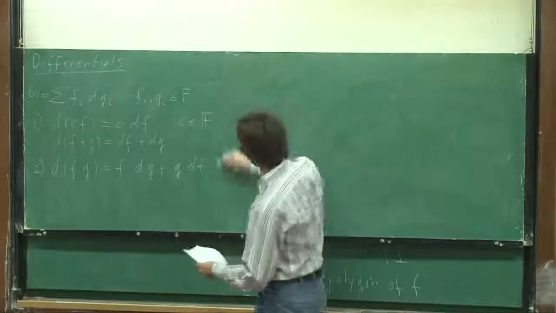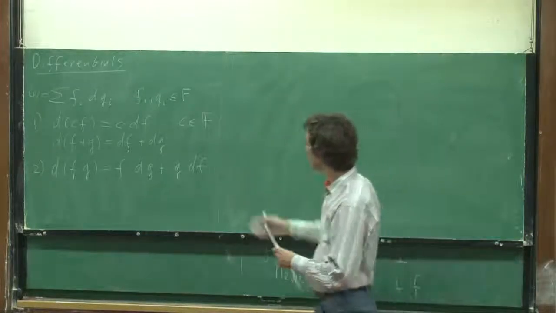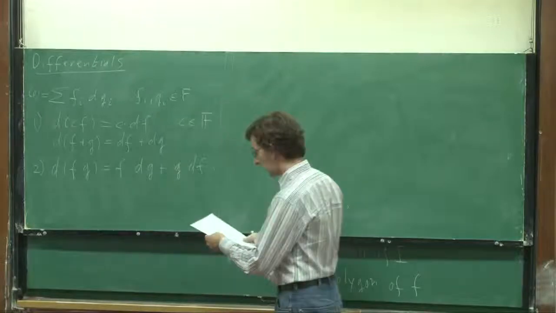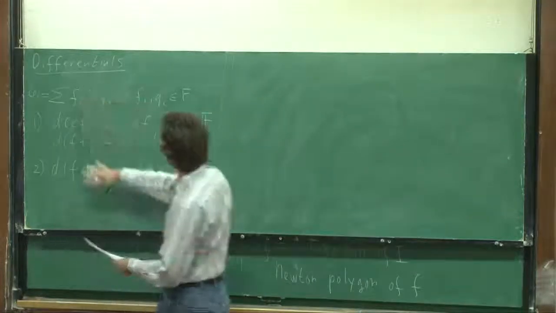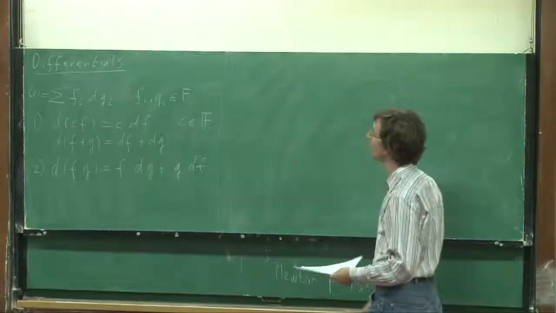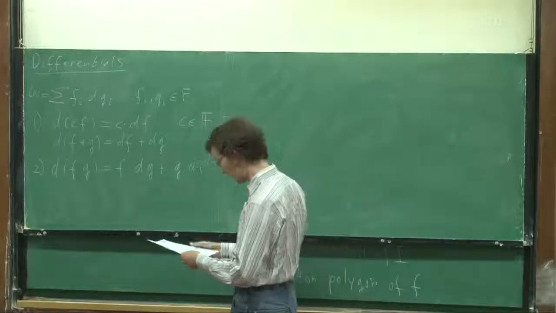Such a derivation exists, and we can show that it's actually unique. What we then want is to figure out what differentials on a function field look like.